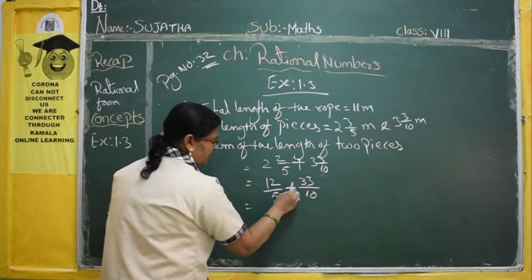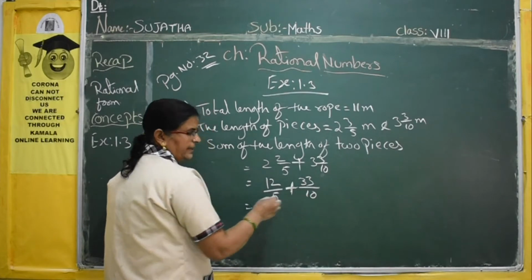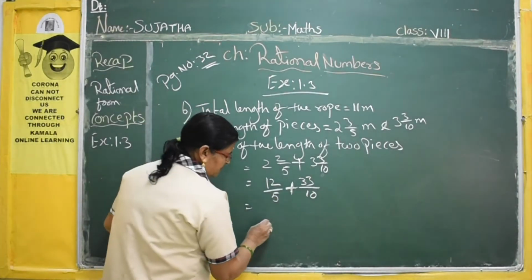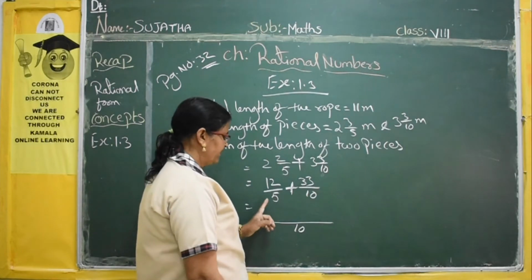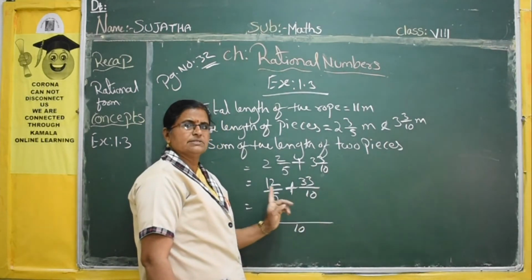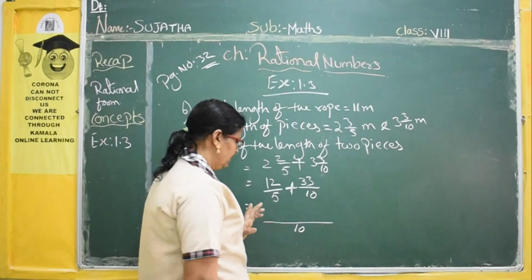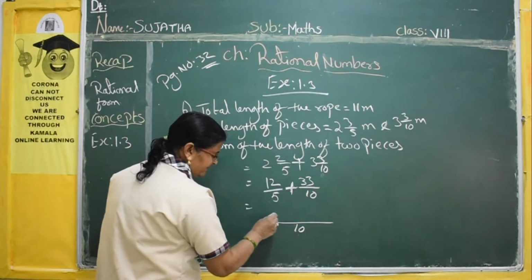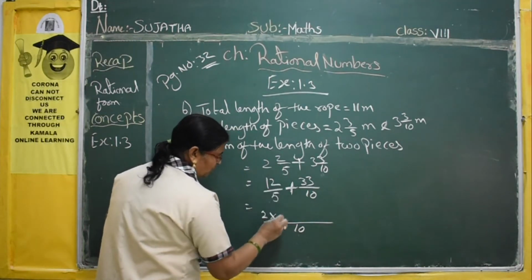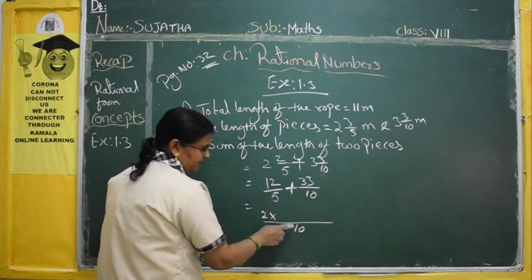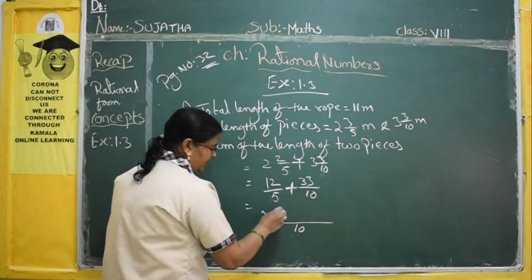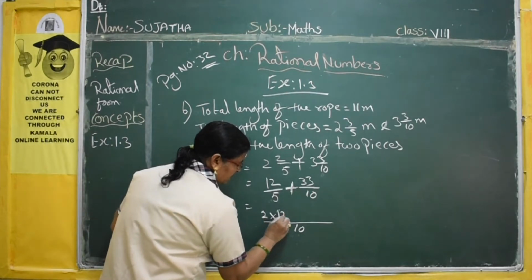Now, for 5 and 10 you have to take the LCM. For 5 and 10, what is the LCM? 10 is the LCM. In 5 table, 10 will come 2 times, so 2 into 12.